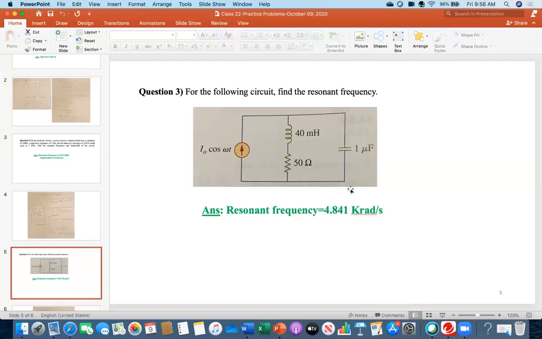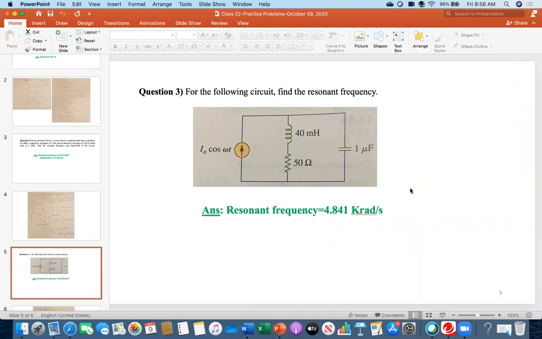So therefore, everybody, what is the hint here? You see, this is a parallel circuit, right? This is a current source, and then this is one branch, and this is the other branch. So you express the Y. You calculate the admittance for this circuit. And once you calculate the admittance, then at the last, you express real and reactive parts.